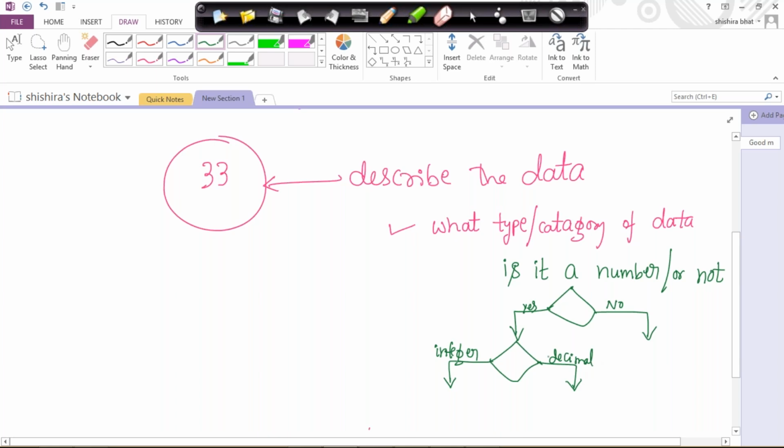If it is not a number, what type of data is it? Clear? Like this, we have to describe the data, right? This is the first thing that you should know while describing.